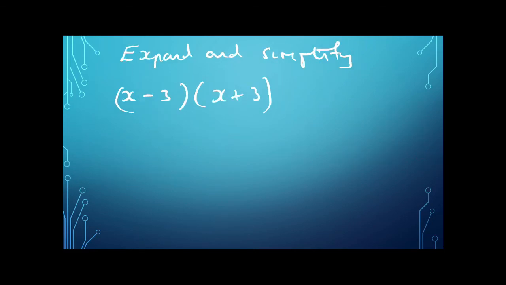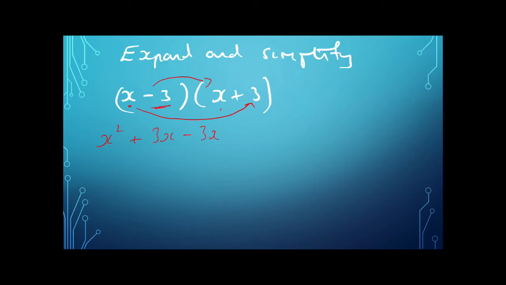Okay, this is a special case, and we're going to see that the final answer looks a little bit different to the previous ones. So x times x is x squared. x times positive 3 is positive 3x. Negative 3 times x is negative 3x.